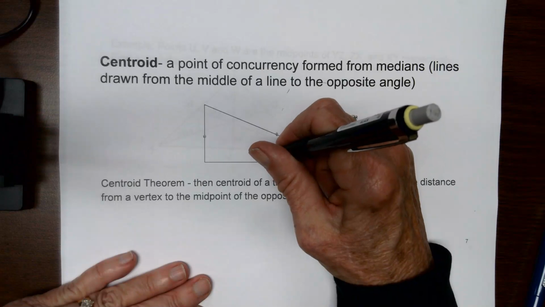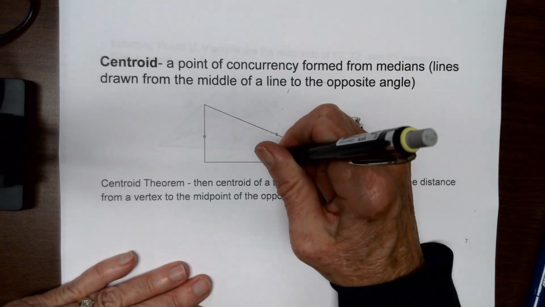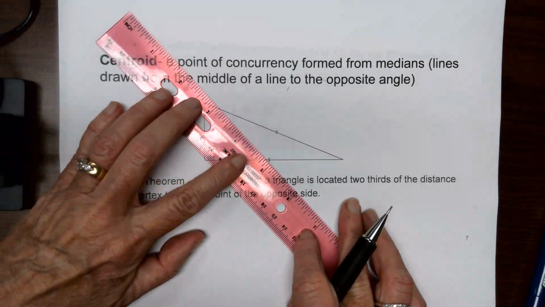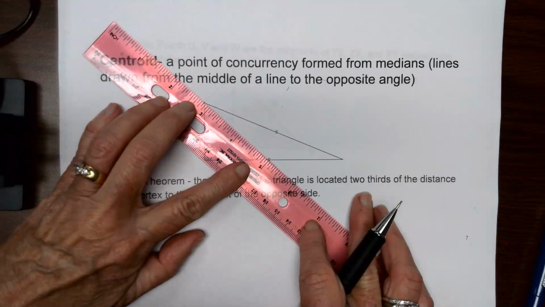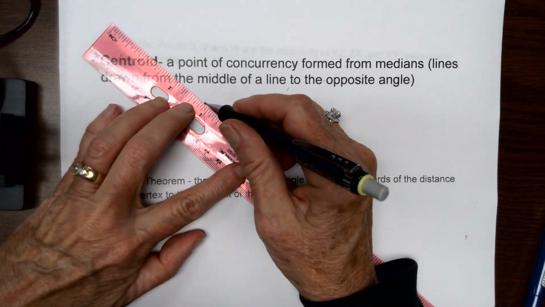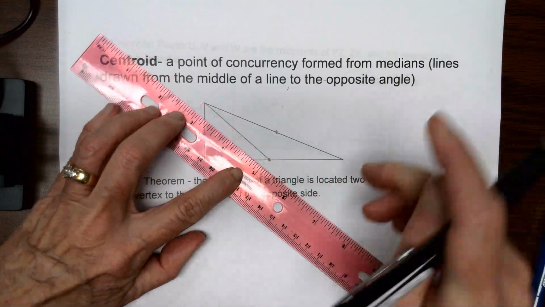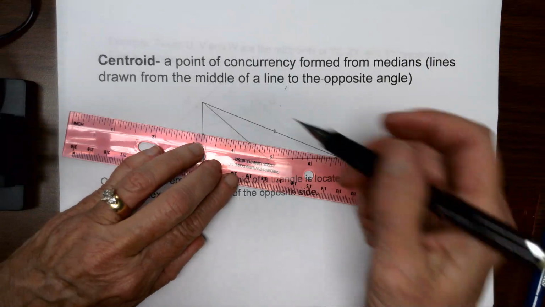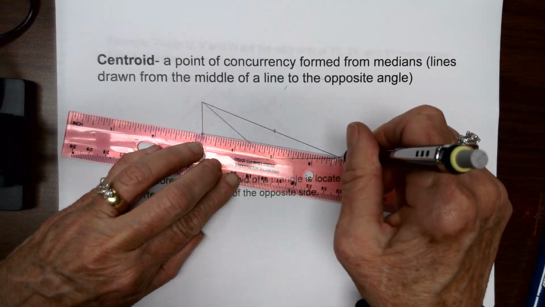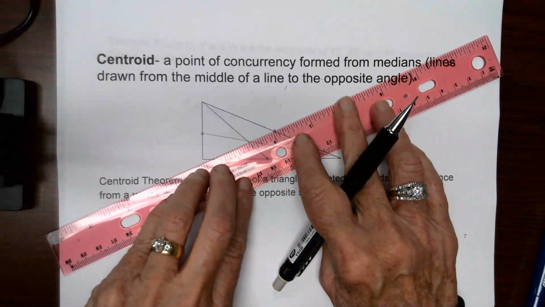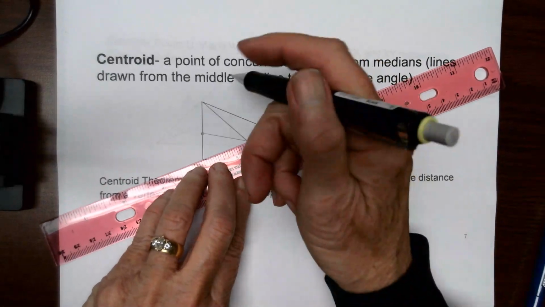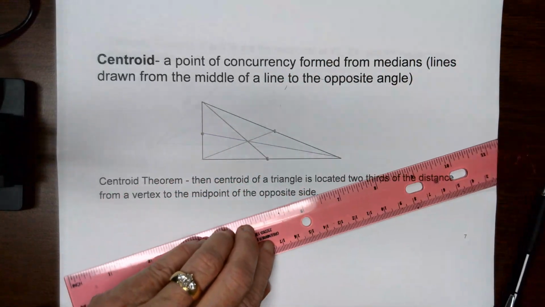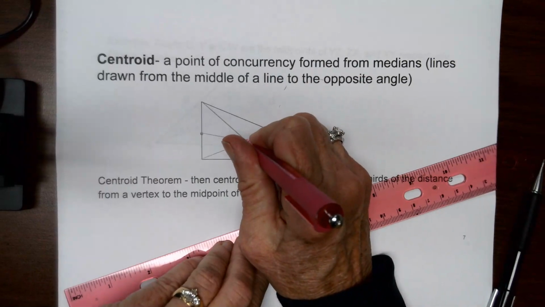Eventually we'll put this on a coordinate plane so we can be more exact. I draw from the middle point to the opposite vertex, and that's known as the median. And where they cross is called the centroid.